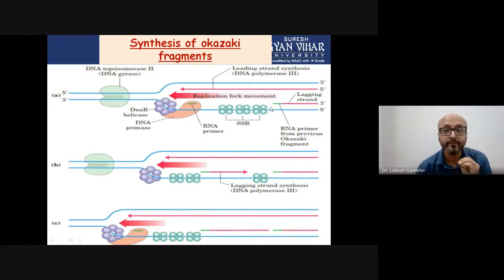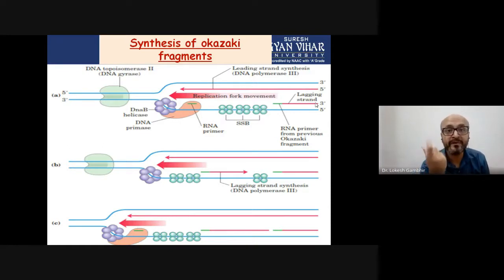This bottom strand is converted into a loop, in a manner that a primer is initiated, and in this stretch I am highlighting, the 5' to 3' direction is synthesized continuously. Using this primer, synthesis happens in this direction, whereby, with the loop, both the strands are moving from right to left.